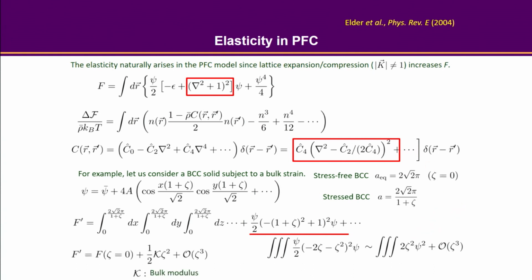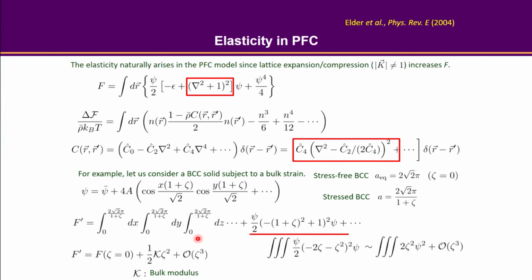So in the end, because of this box strain, the energy will be bigger by something proportional to zeta squared. If you really work out all the coefficients, you say this term is proportional to 1/2 k zeta squared, and that k should be the bulk modulus.